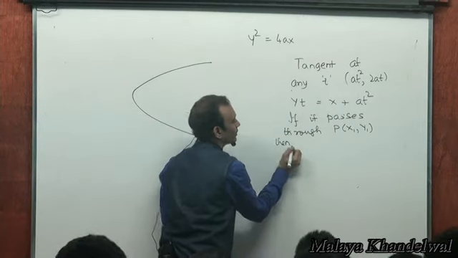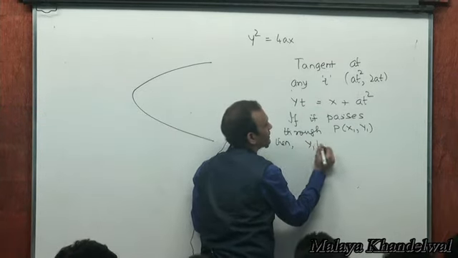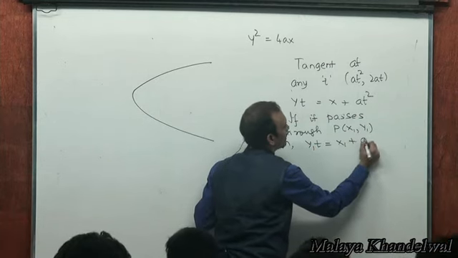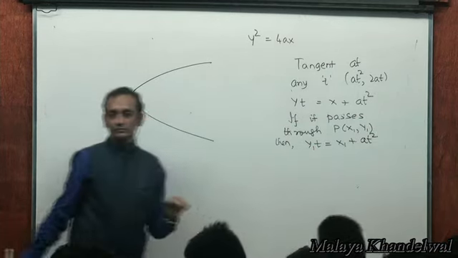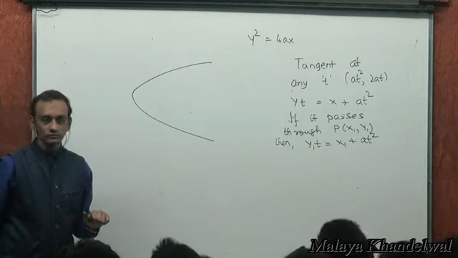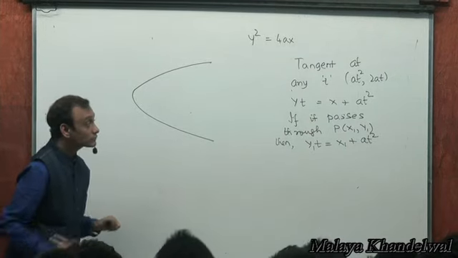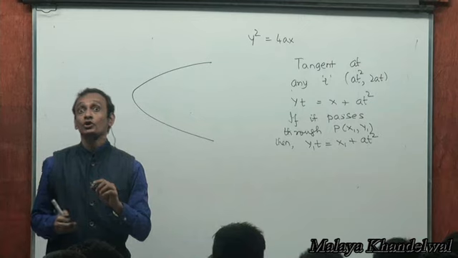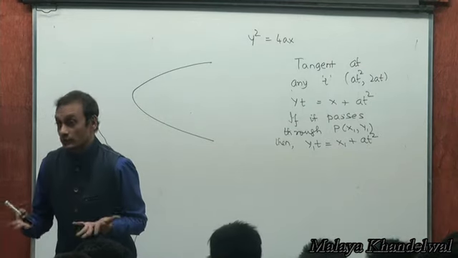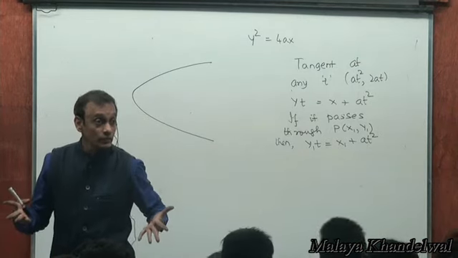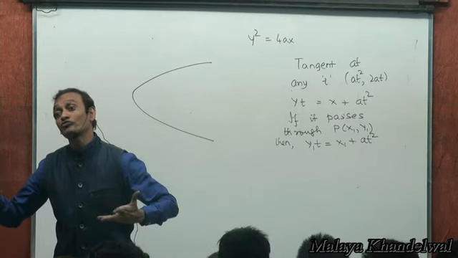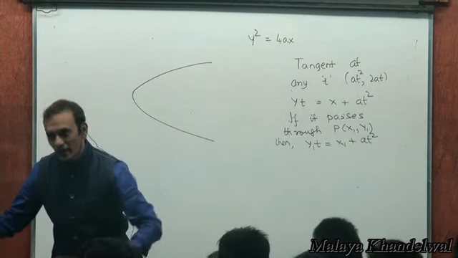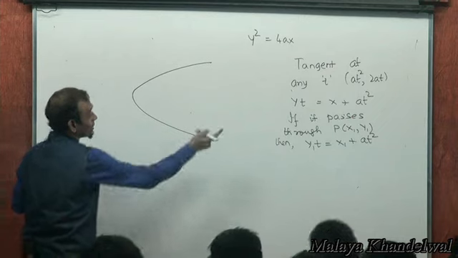Then y1 t is x1 plus at squared. Here t represents a point on which a tangent is drawn from x1, y1 to the parabola, yes or no? See what it gives me.